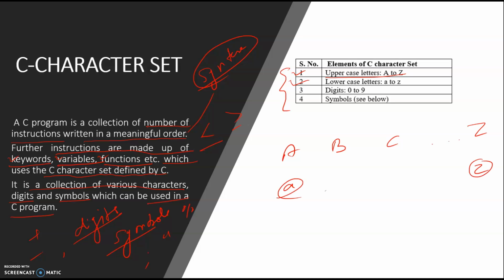You can use numbers from 0 to 9, and using 0 to 9 you can create any number. Like if you want to write 535, you can use 535. If you want to write 1026, these digits belong to 0 to 9.